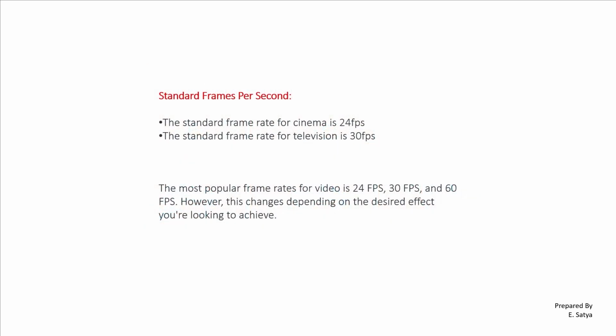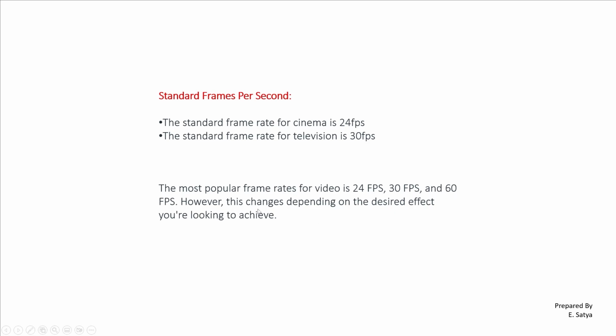And standard frames per second. The standard frame rate for cinema is 24 frames per second, as I just told you. This is the standard frame rate for cinema all over the world. The standard frame rate for television is 30 frames per second. The most popular frame rates for video are 24 FPS, 30 FPS and 60 FPS.